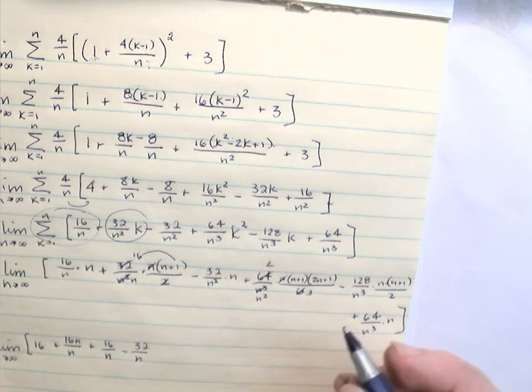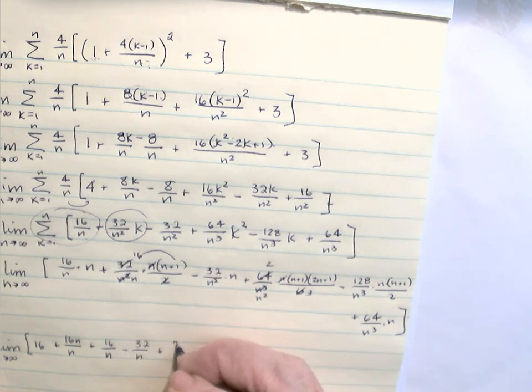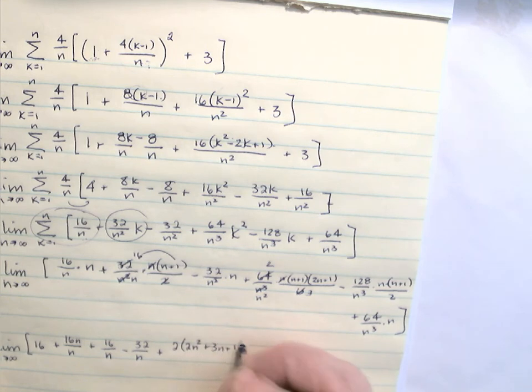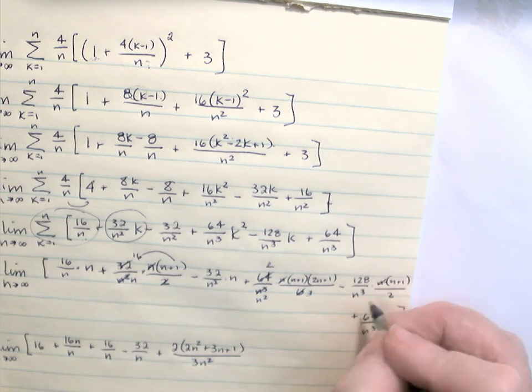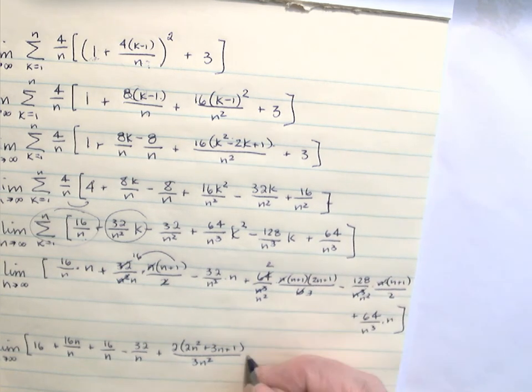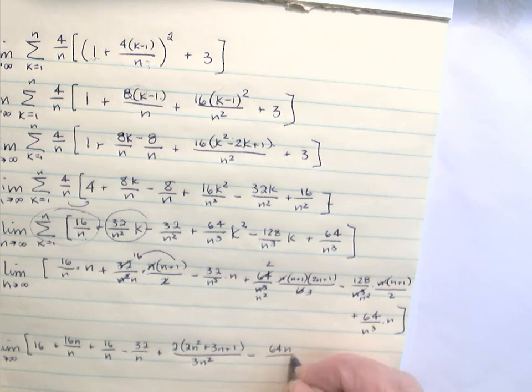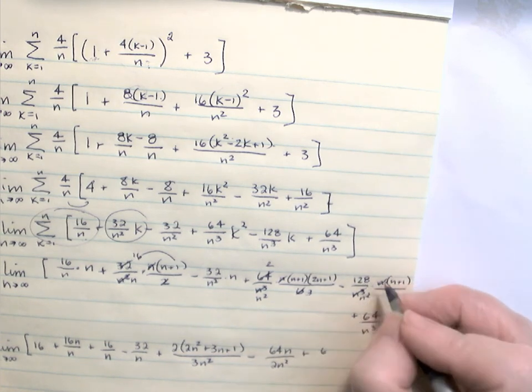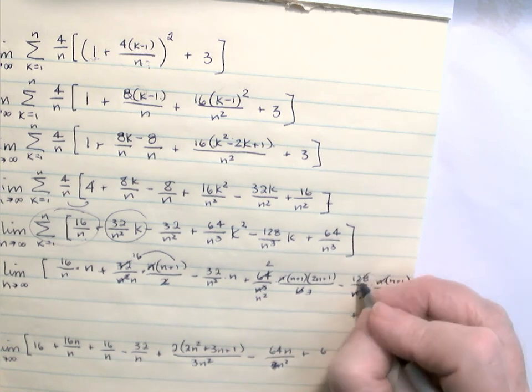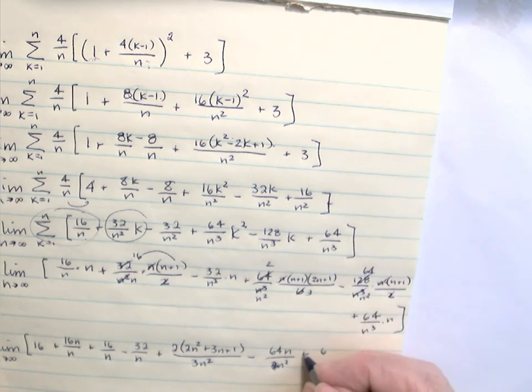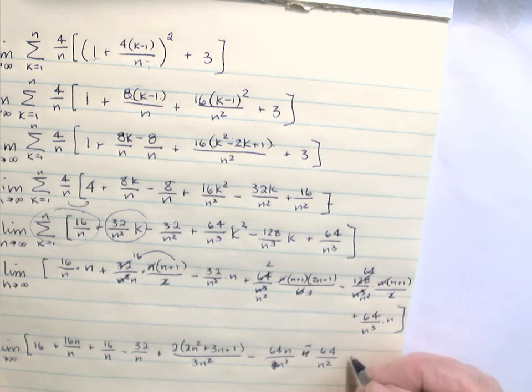Let's see, I'll have 2 times 2n squared plus 3n plus 1 all over 3n squared. Our next term is going to give us 64n over 2n squared, over n squared, minus 64 over n squared, and then we'll have 64 over n squared again.